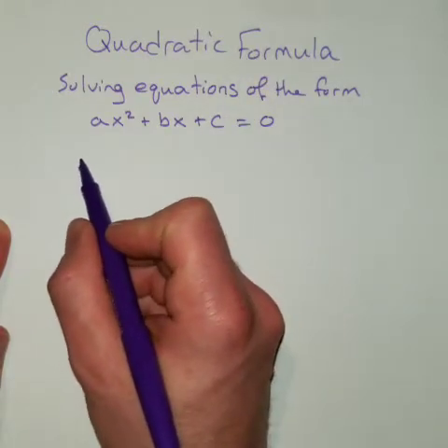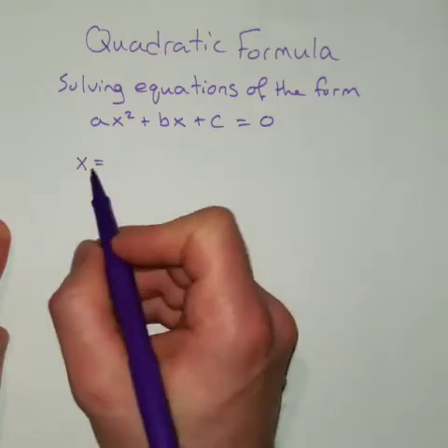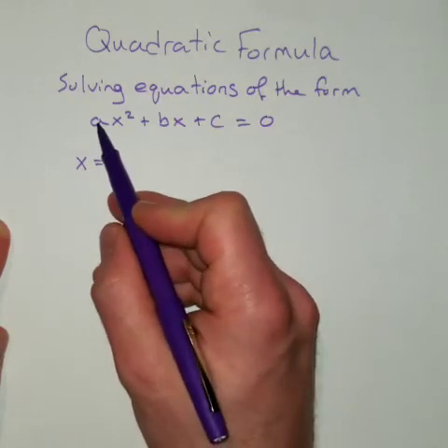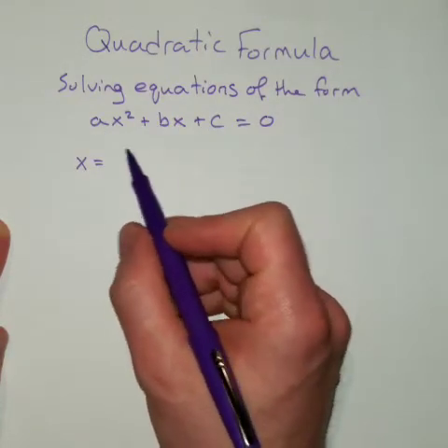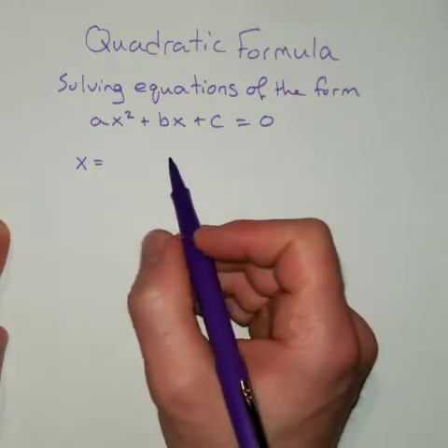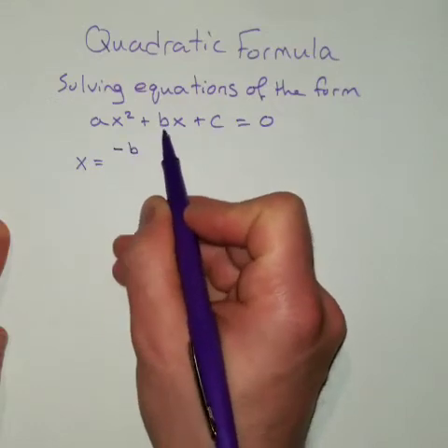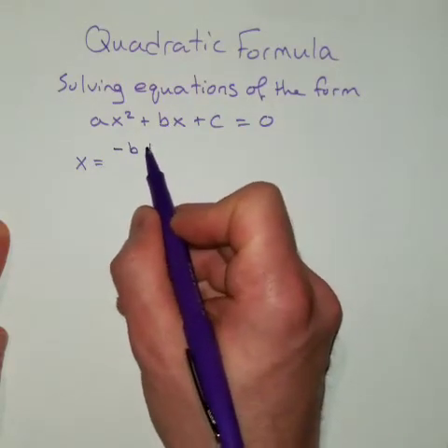Quadratic formula is this. It says that the x value that solves the equation will be equal to a combination of the a, b, and c here, but it's quite a complicated formula. So bear with me as I write this out. It's negative b, so the opposite of that middle number, plus or minus.